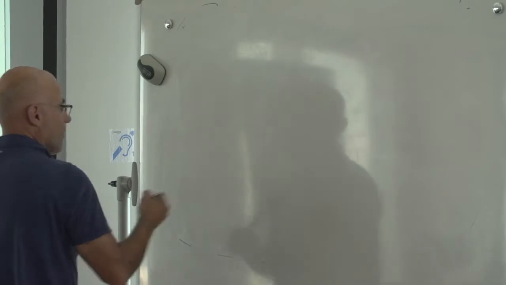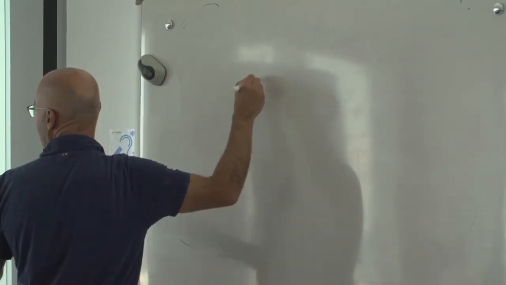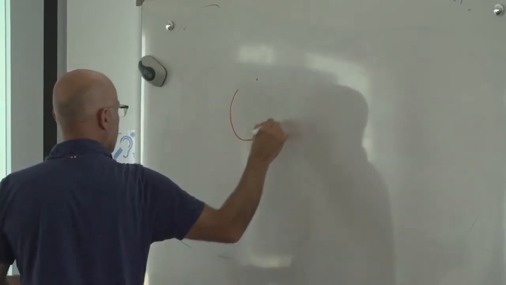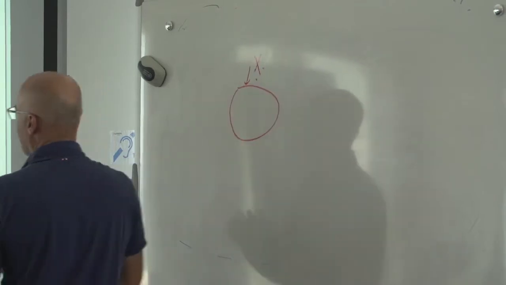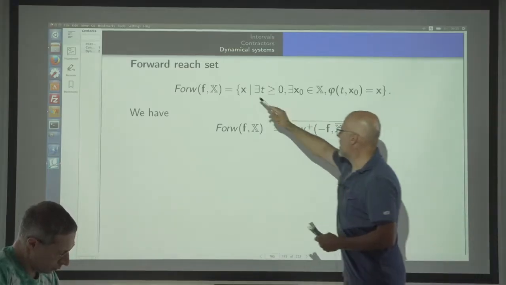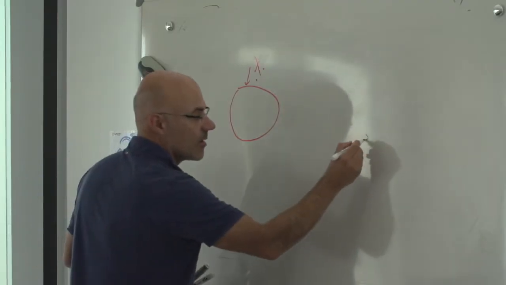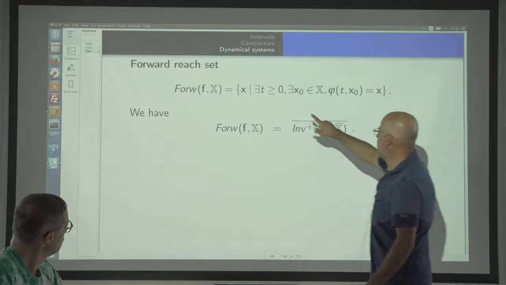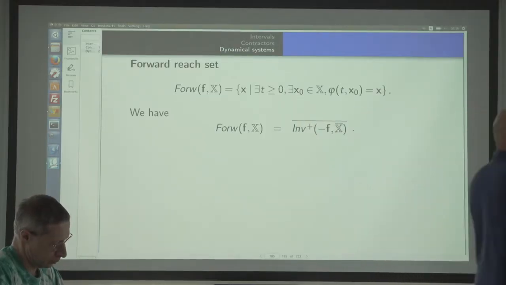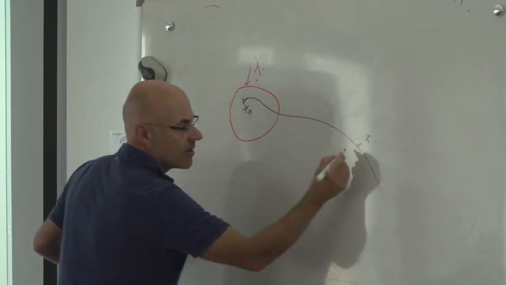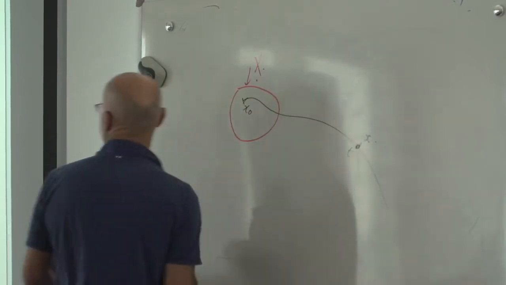So what is a forward reach set? I have a set X, and I want to find the set of all x such that there exists a T and there exists an x0, for instance this one, such that at time T I reach x.